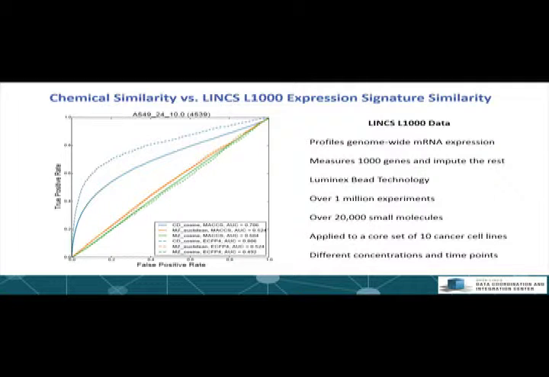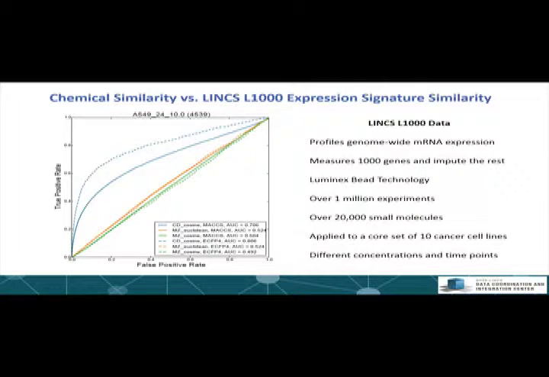But what we found is that if you use the method that is currently used by the Broad to call signatures, called the moderated z-score, here MZ, you do not find any relationship between chemical structure and expression.